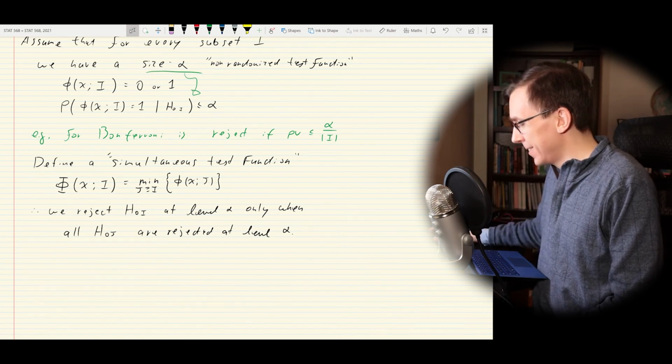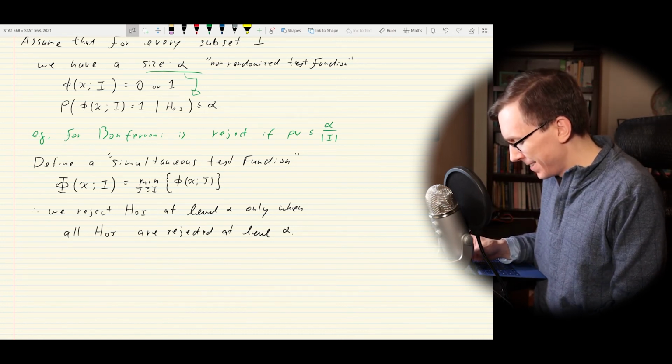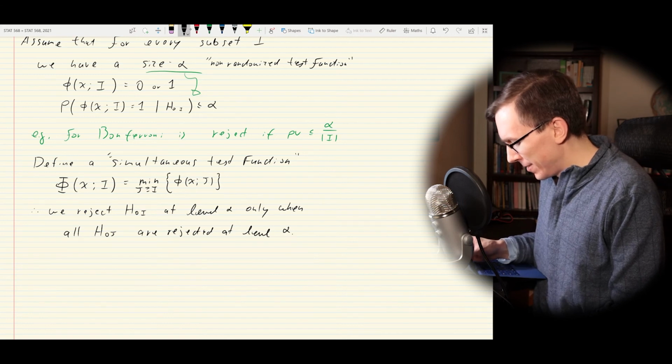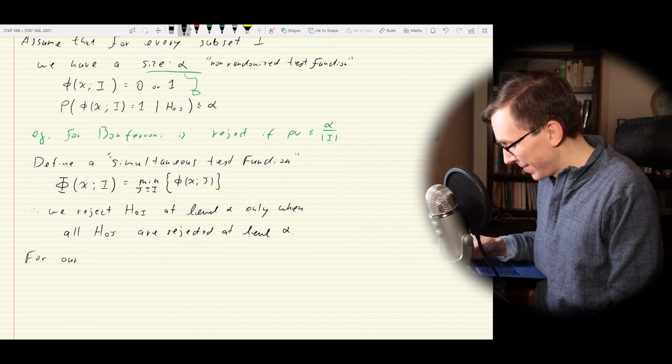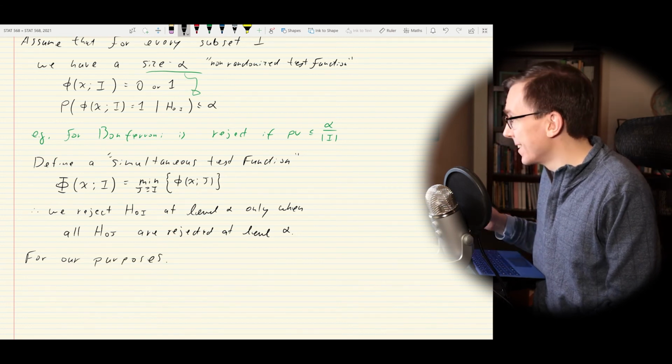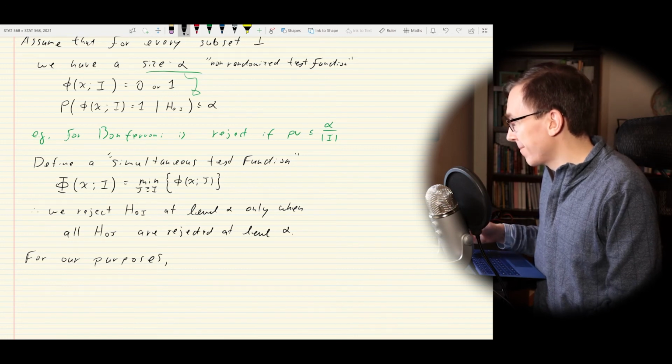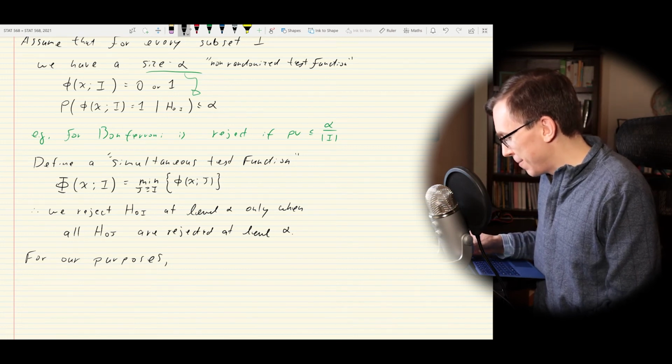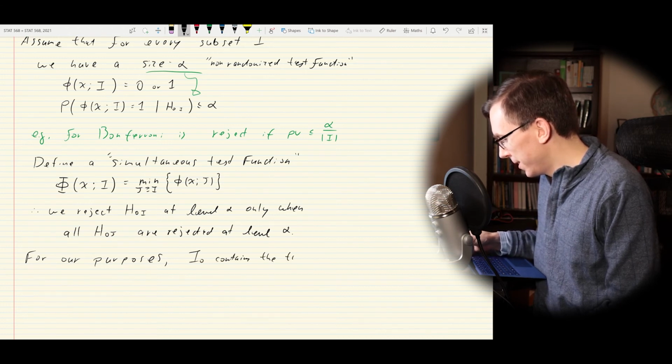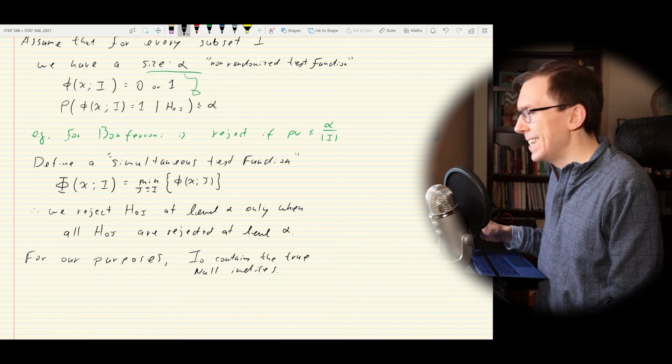All right, so what that means for us, for our purposes, we're almost there now. Remember that I naught contains the true null indices.